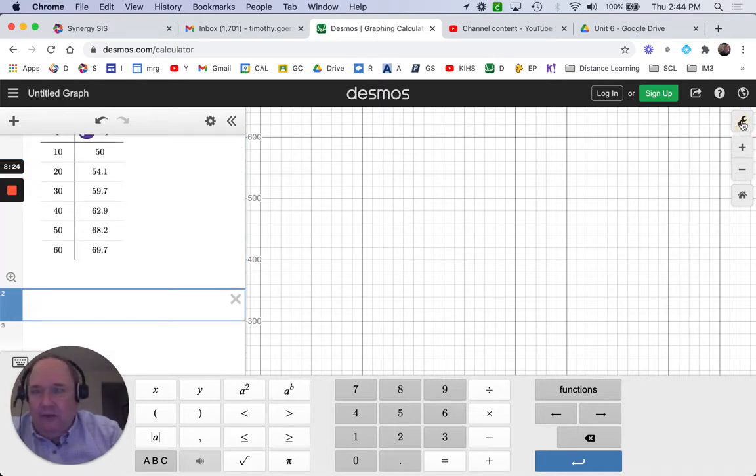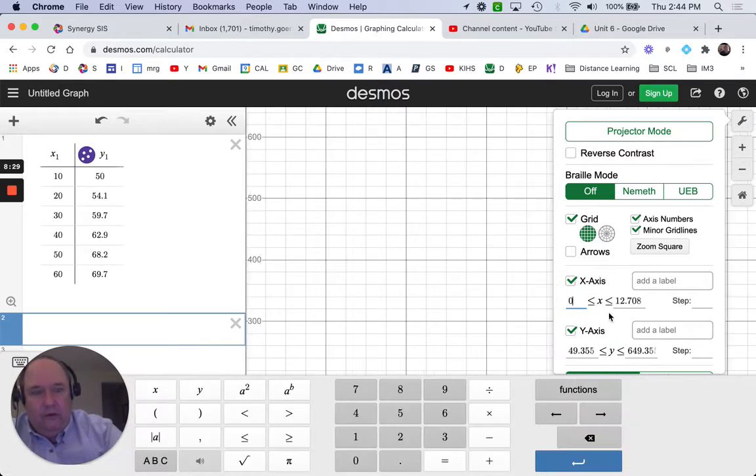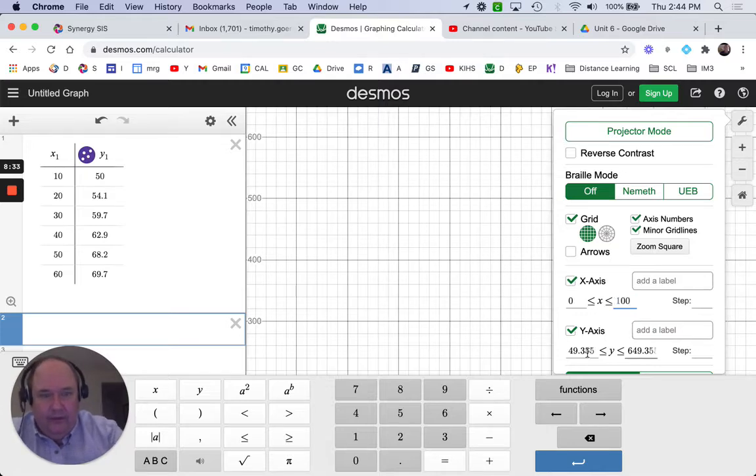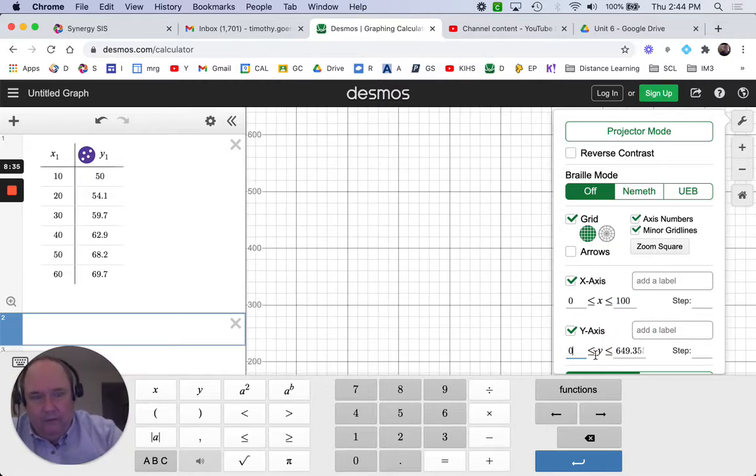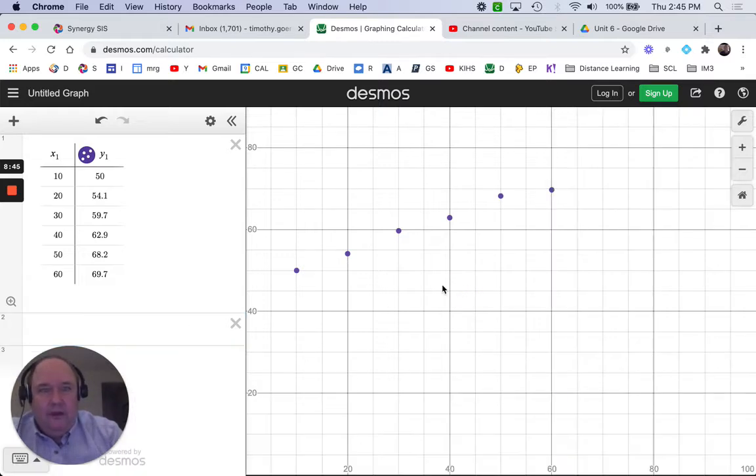If I change this scale, let me change this to 0 to like 100. Change this scale from 0 to, I don't know, let's say 90, right? It's not going to be much more than that. And then you can see the points here.